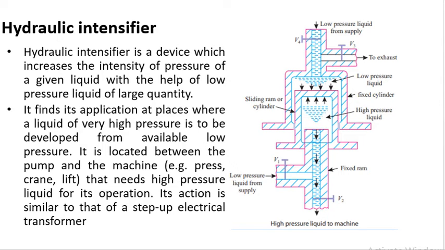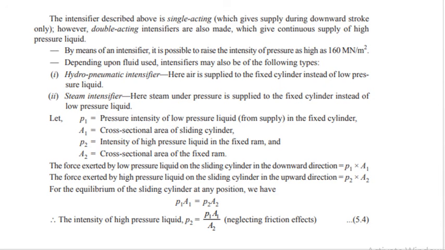The above cycle of operation is repeated continuously. So the intensifier described here is single acting, which gives supply during downward stroke, whereas a double acting intensifier is also used, which gives continuous supply of high pressure liquid.